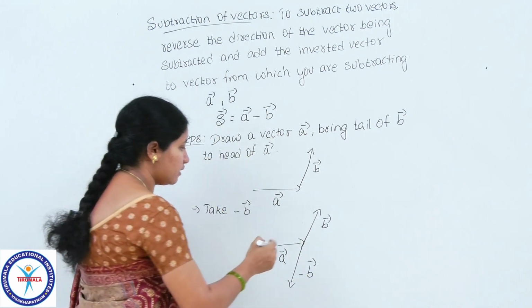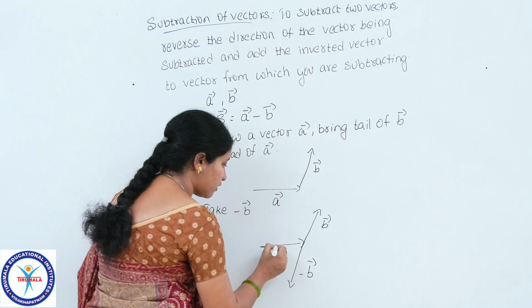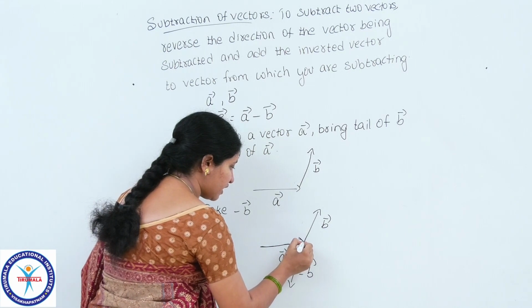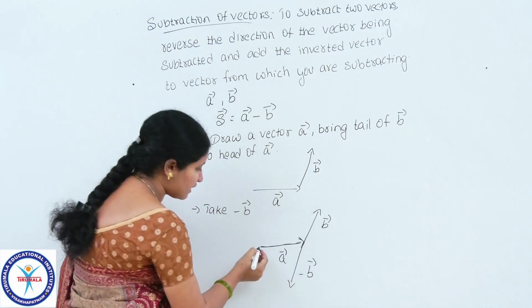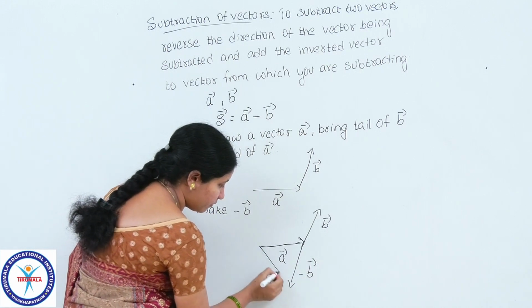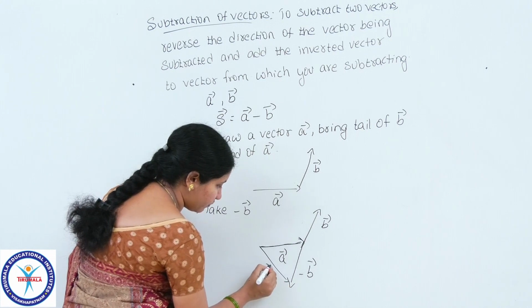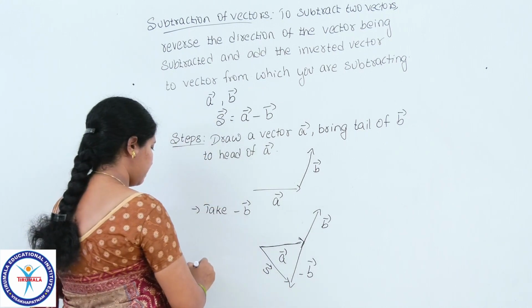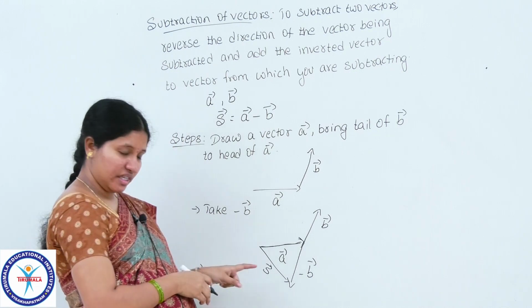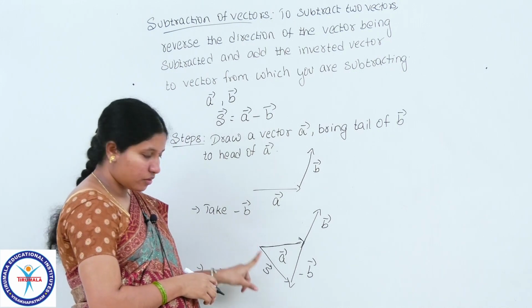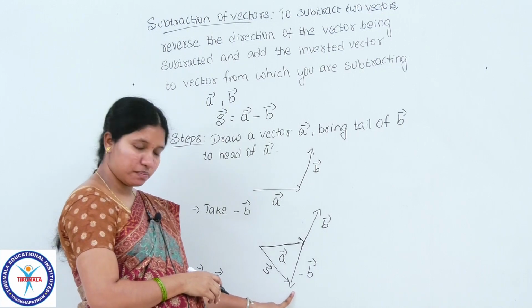So, here we are having two sides of a triangle which is taken in order, that is A bar and minus B bar. So, the resultant will be S bar. The third step is the resultant S bar, which is taken from the tail of A bar to the head of minus B bar.